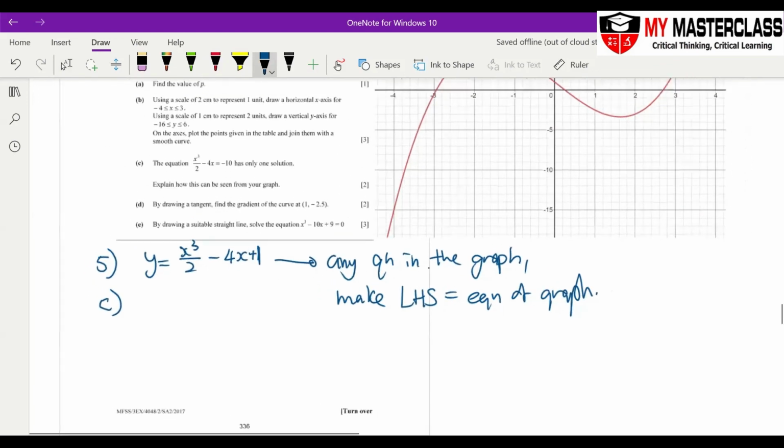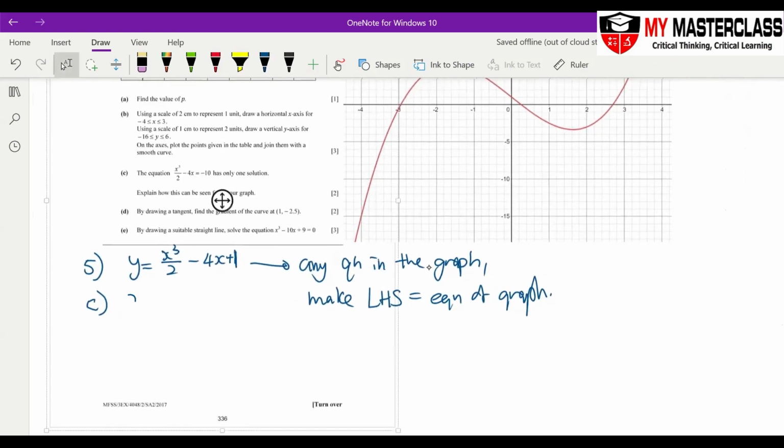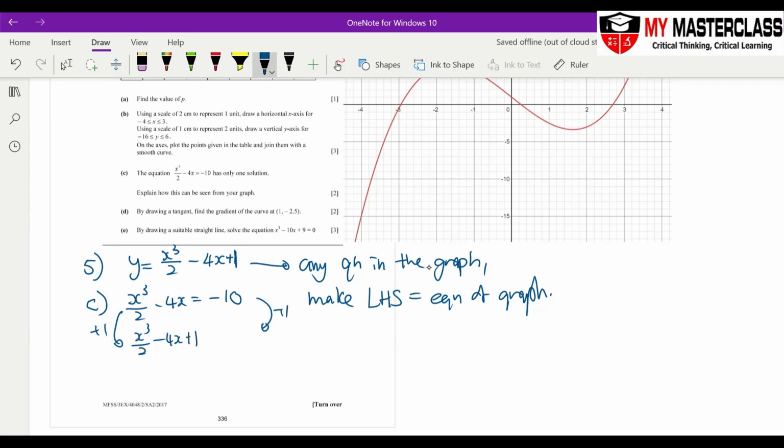So C says x cubed over 2 minus 4x equals negative 10. Is this the equation of your graph? No, because your equation of the graph must have a plus 1. So I add 1 on both sides: x cubed over 2 minus 4x plus 1 equals negative 9.